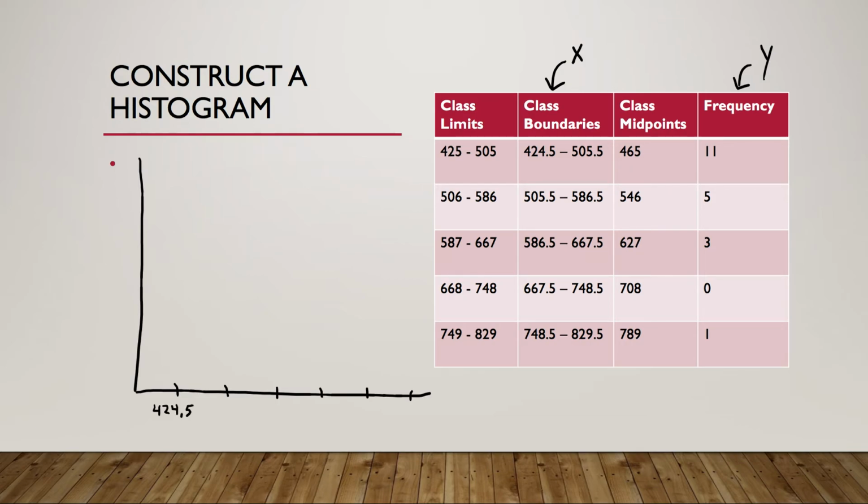The next boundary will be 505.5. Then we have 586.5. Remember, no repeats. Then 667.5. 748.5.